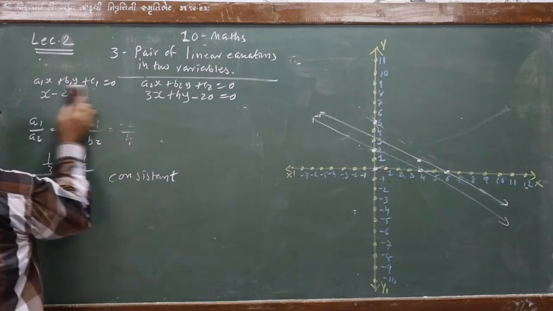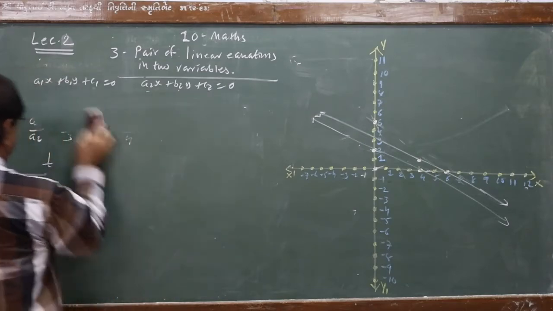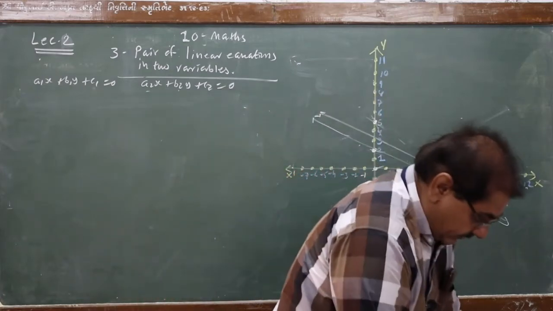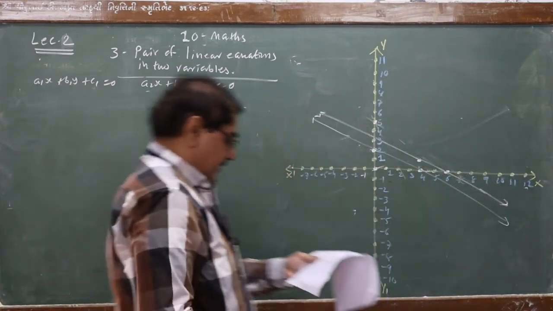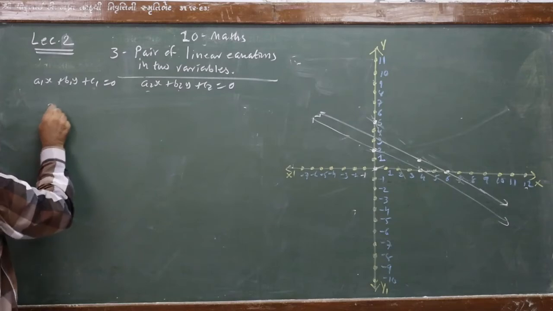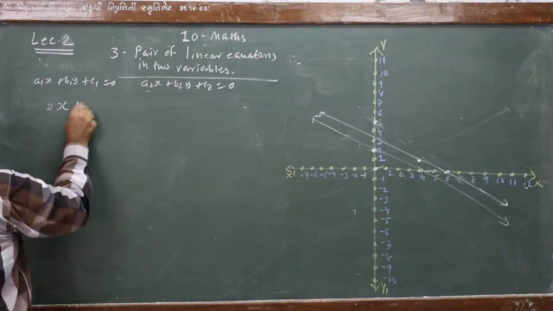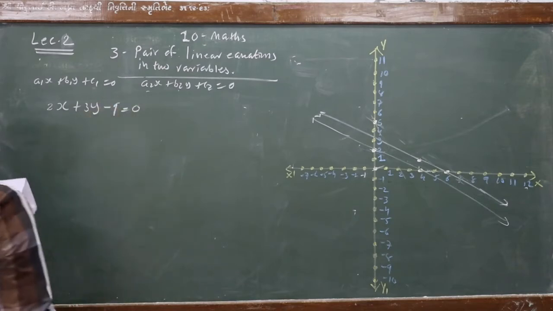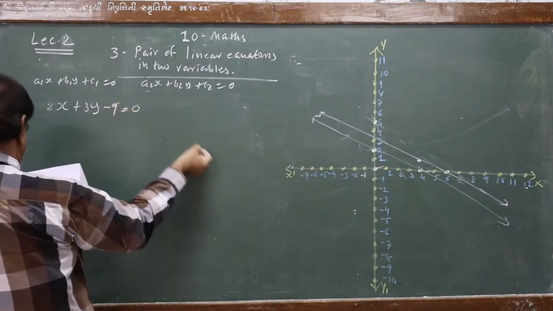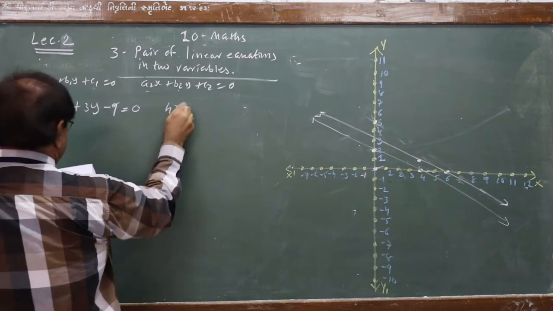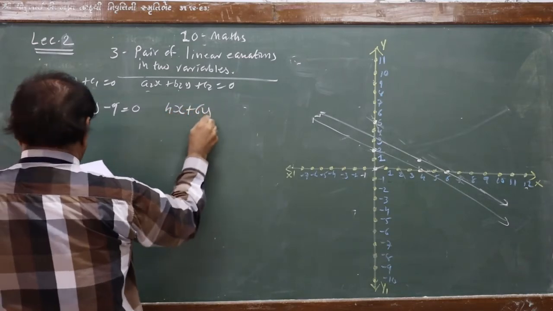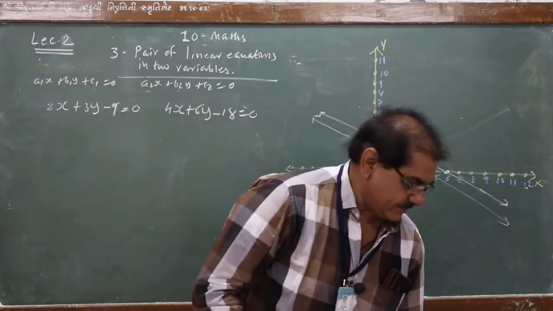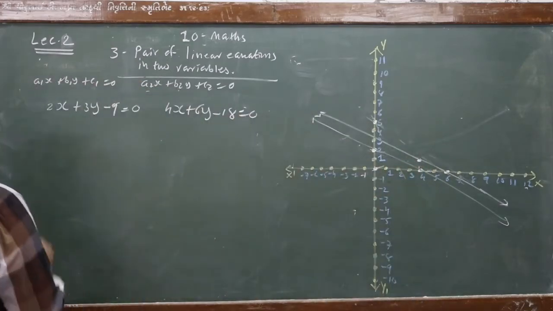Okay? We take the second example. It is regarding Sonali and Romila. I write the equations for them. The first was 2x plus 3y minus 9 equal to 0. And the second was 4x plus 6y minus 18 equal to 0. Again we compare them in the form of a1 upon a2.